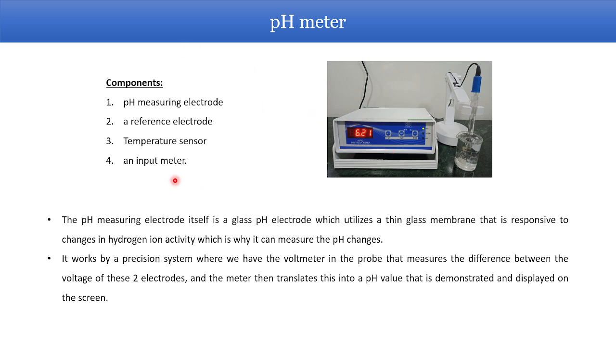So these components are very important, and what the role of this instrument is and the principle behind it are also very important. Those are the two important points you need to keep in mind. No one is going to ask you what a pH meter is used for, but there might be questions like what are the components of a pH meter, and what is the principle behind its working.